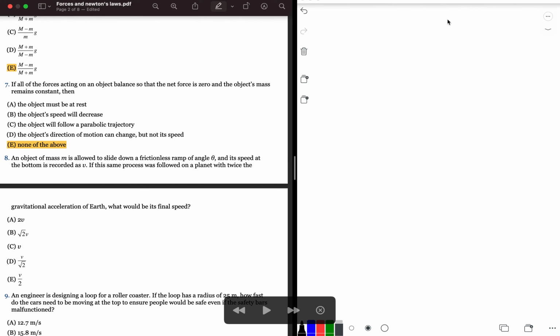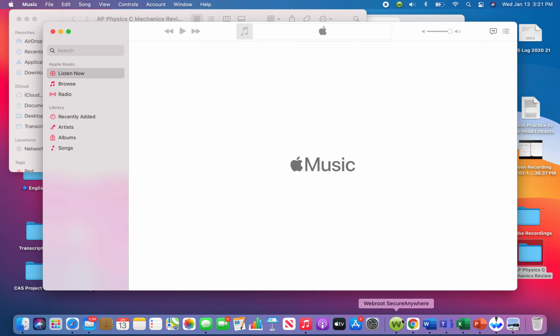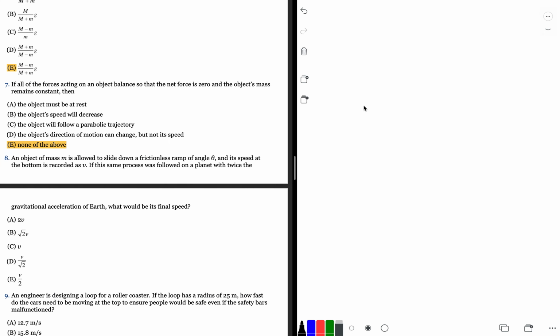An object of mass m is allowed to slide down a frictionless ramp of angle theta, and its speed at the bottom is recorded as v. If the same process was followed on a planet with twice the gravitational acceleration of Earth, what would it be?